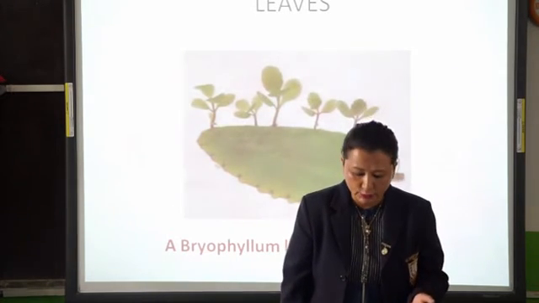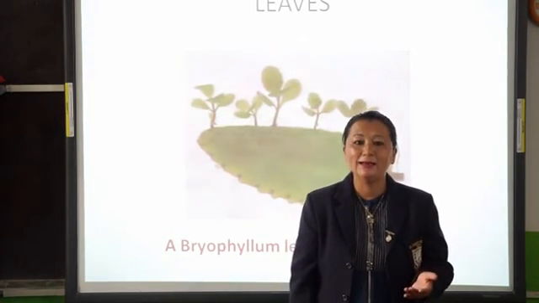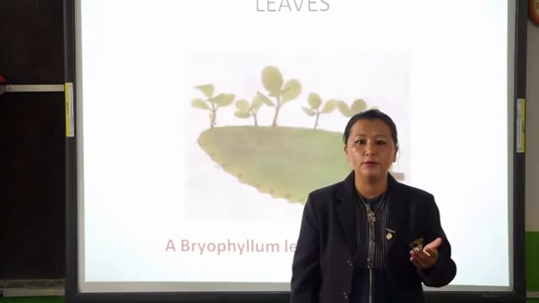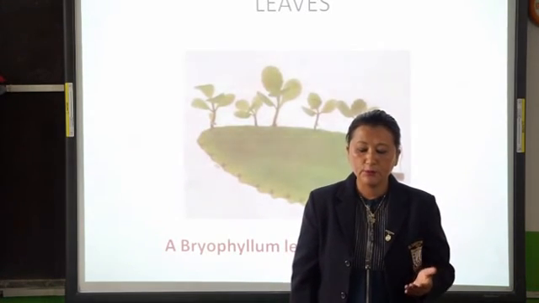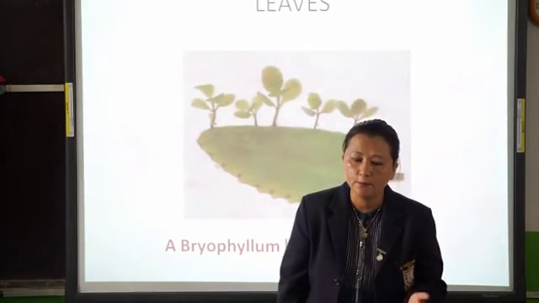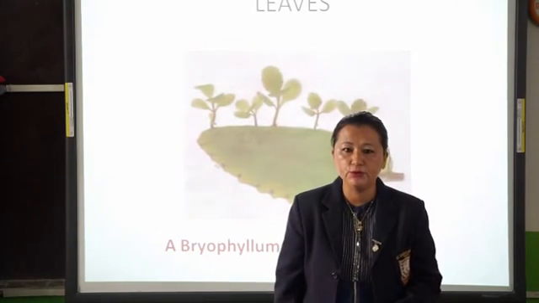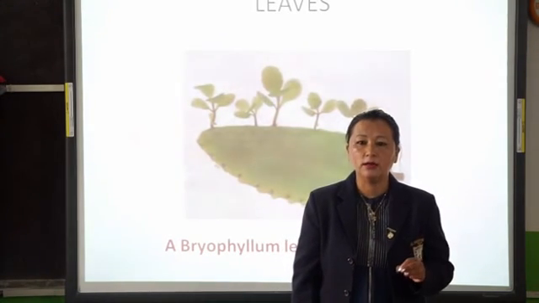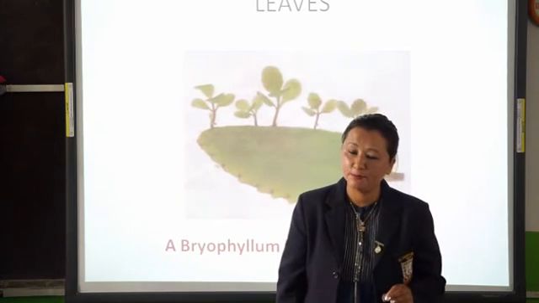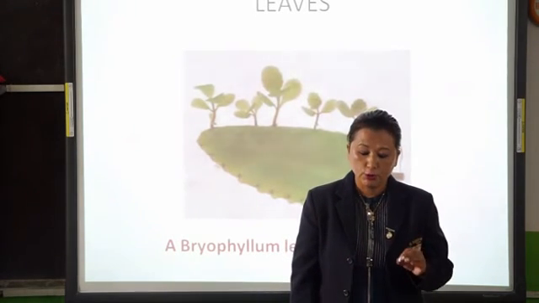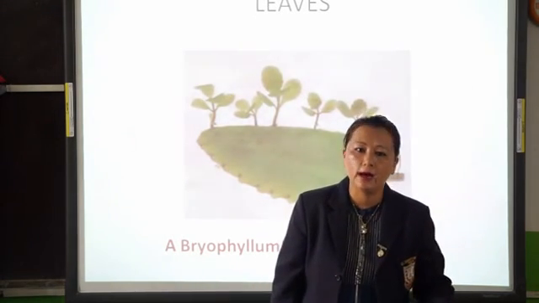Carrot, sweet potato and dahlia are the examples of reproduction of plants from roots. Potato, ginger and onion are some stems which grow under the ground.